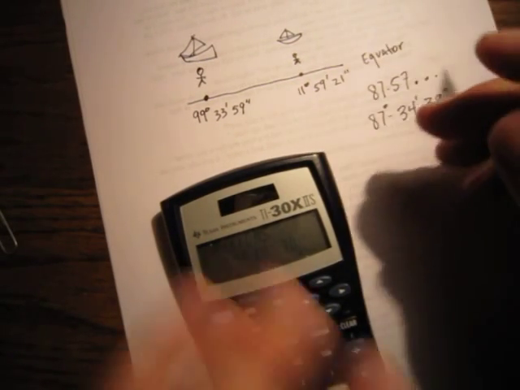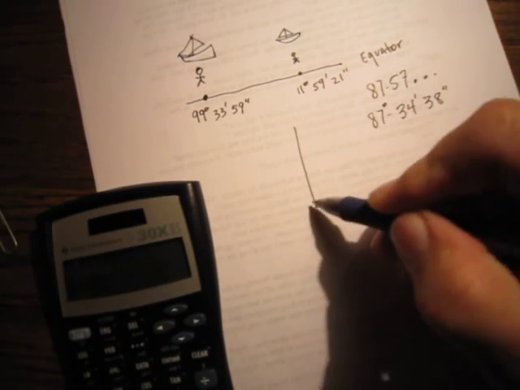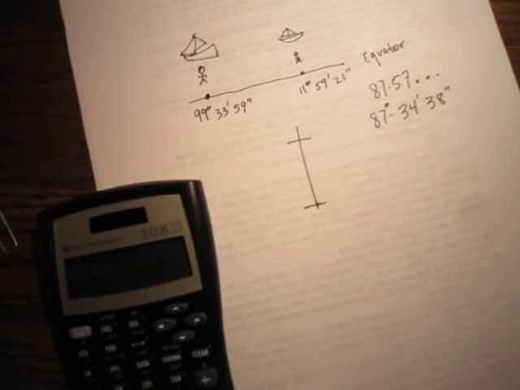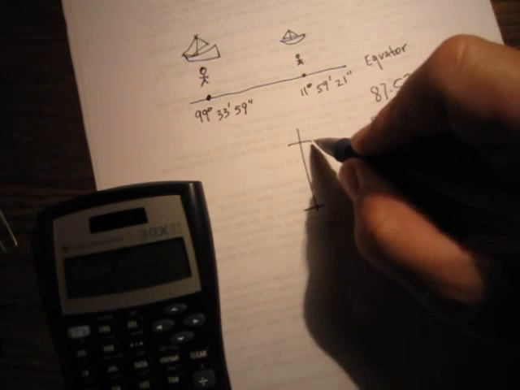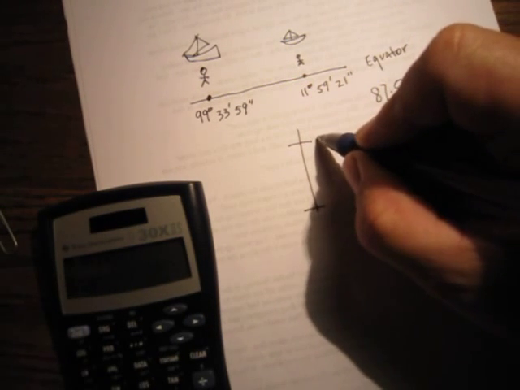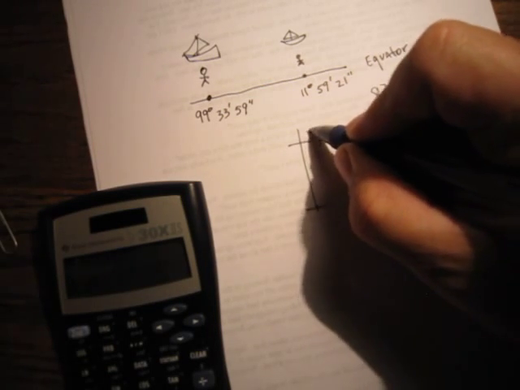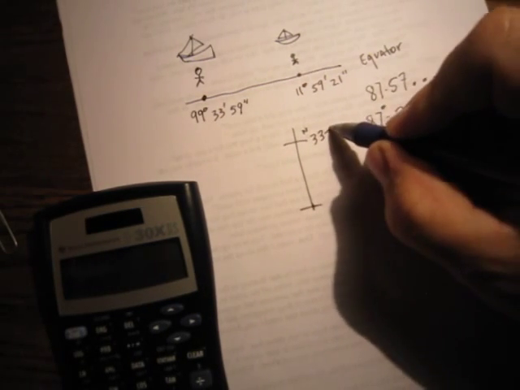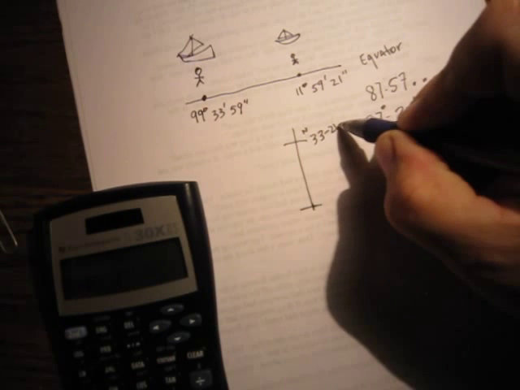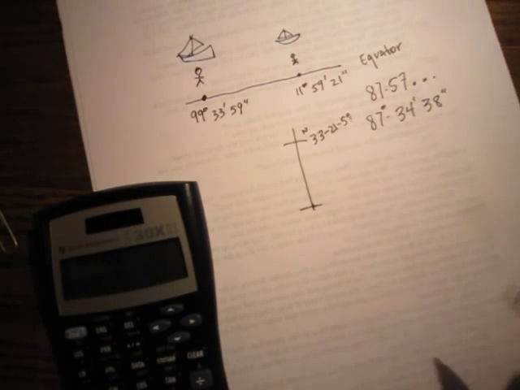Now we can do the same thing on a latitude line. I am at north 33, 21, 59.